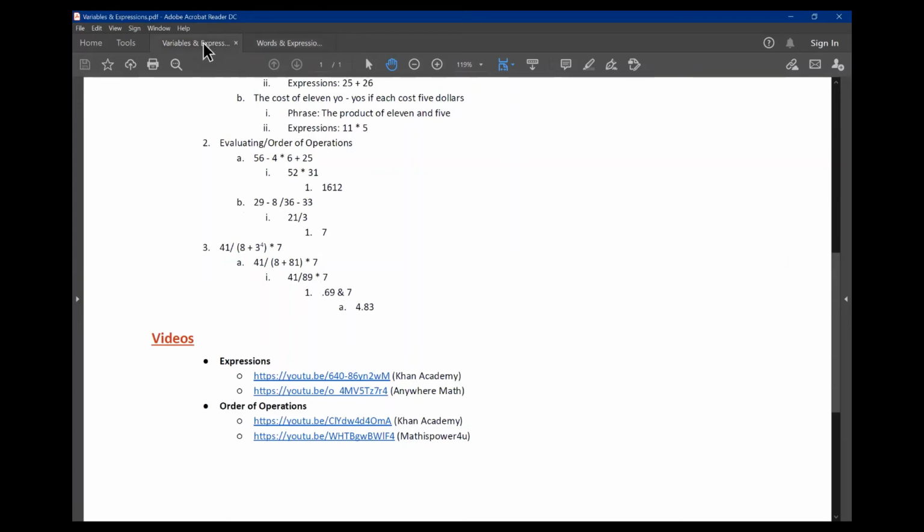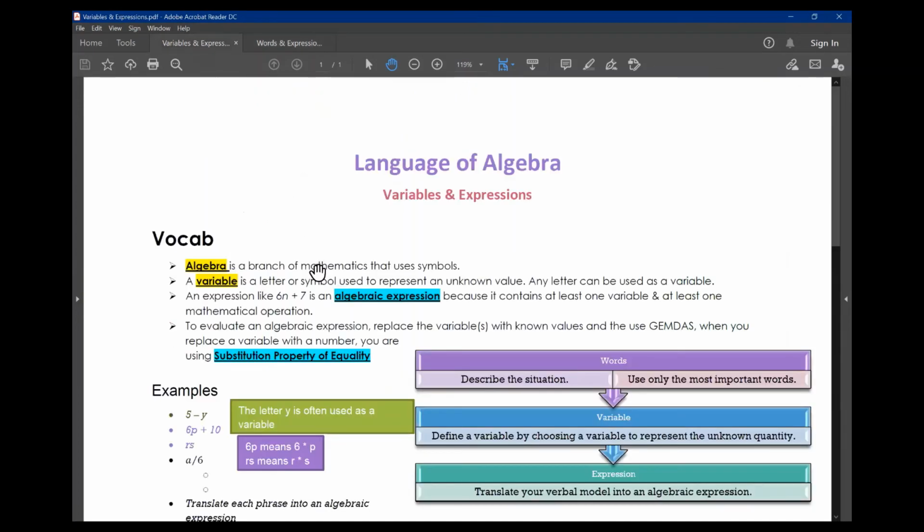Today, we are continuing with expressions, but today we are going to talk about variables. On Monday, I mentioned how there was a variable in one of the columns. Now today we're going to talk about variables.